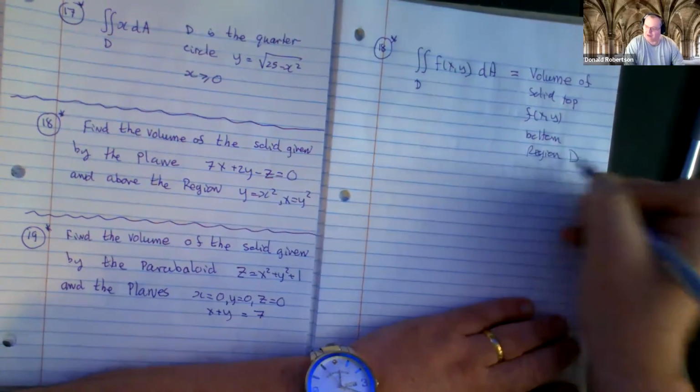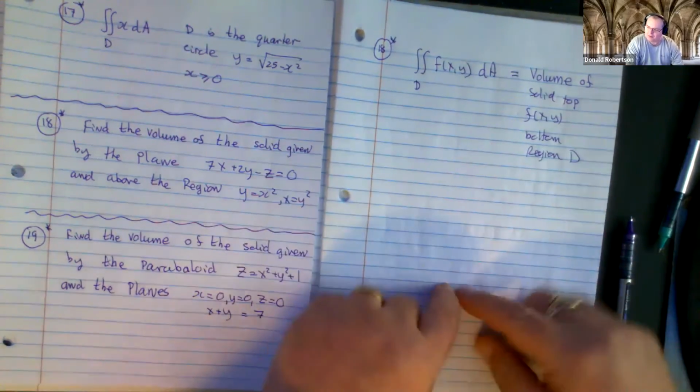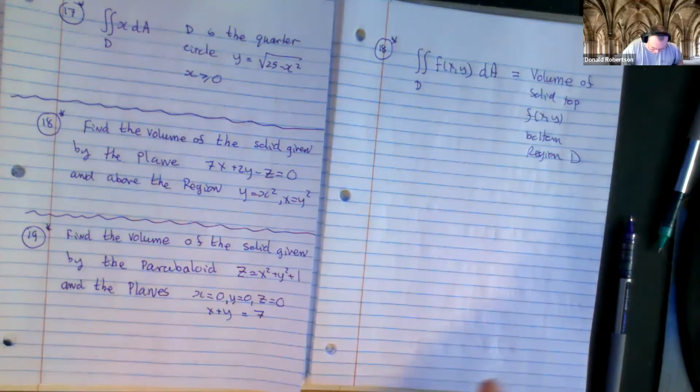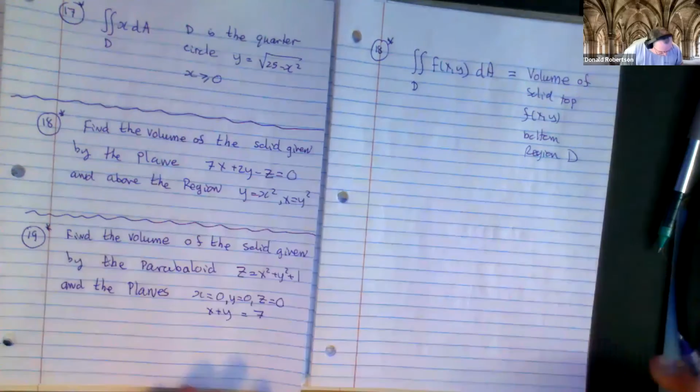You know, like the rectangle and you go up. Well, now it's going to be a triangle in the bottom, but you go up, right? Or it's going to be half a circle and you go up. So a double integral can, and very often does, represent the volume of something.